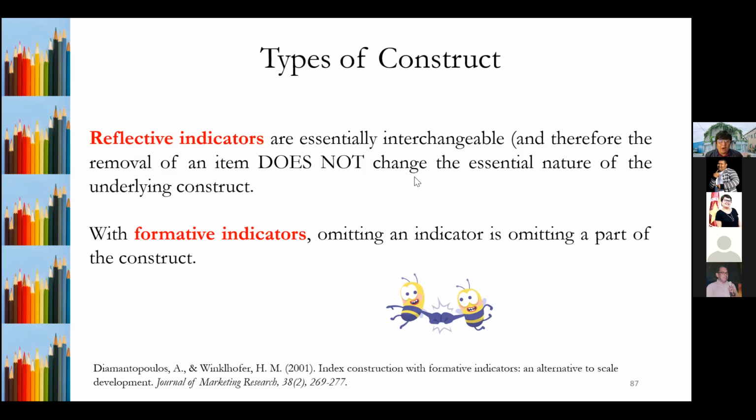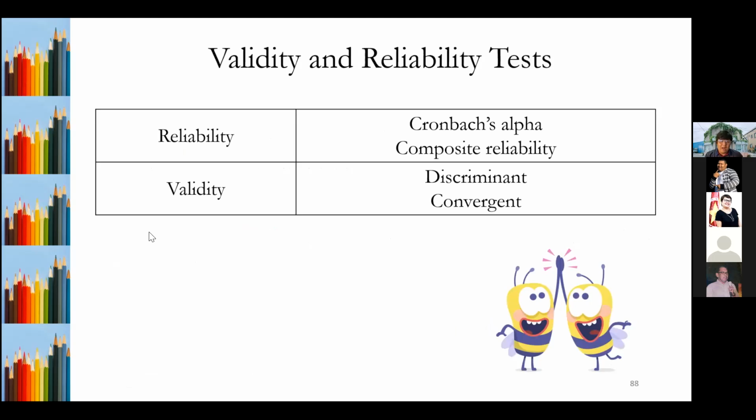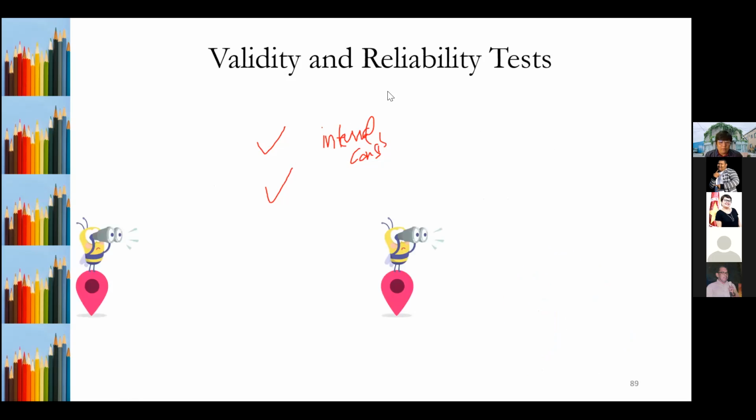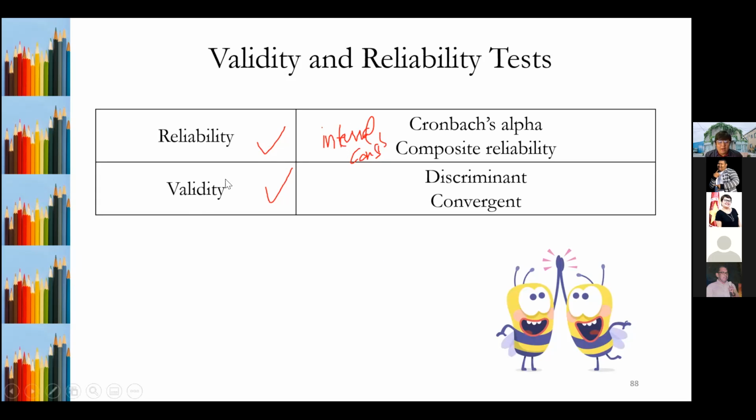Now, if you still remember, I mentioned yesterday that one of the requirements for designing our instrument is reliability and validity. We mentioned that reliability is a measure of internal consistency. Number 2, of course, validity.